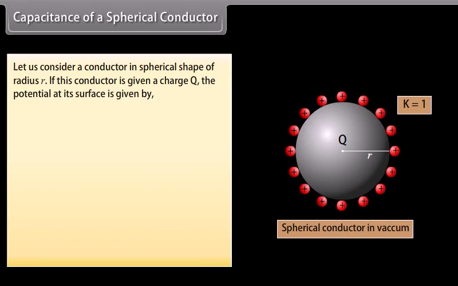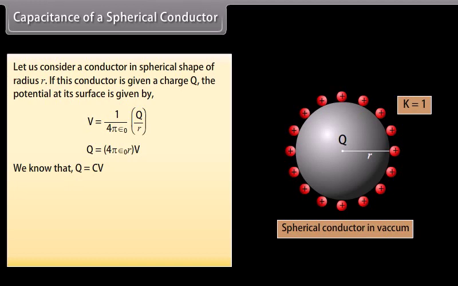If this conductor is given a charge Q, the potential at its surface is given by V is equal to 1 upon 4 pi epsilon not multiplied by Q upon R. It can be written as Q is equal to the product of 4 pi epsilon not R and V. We know that Q is equal to CV.